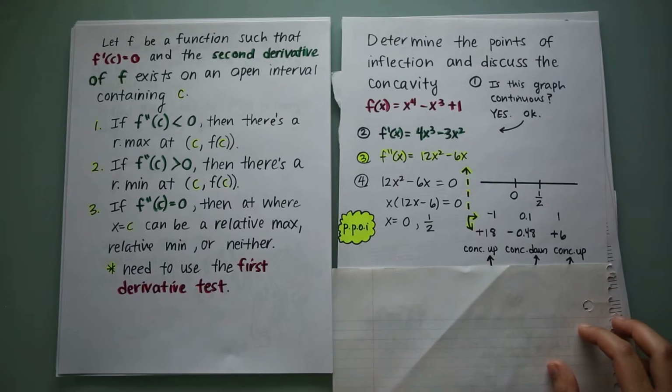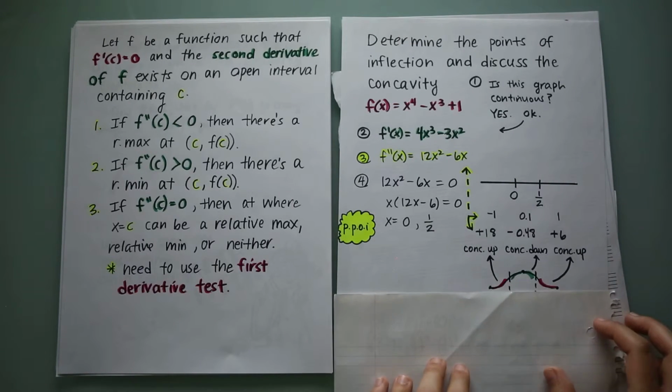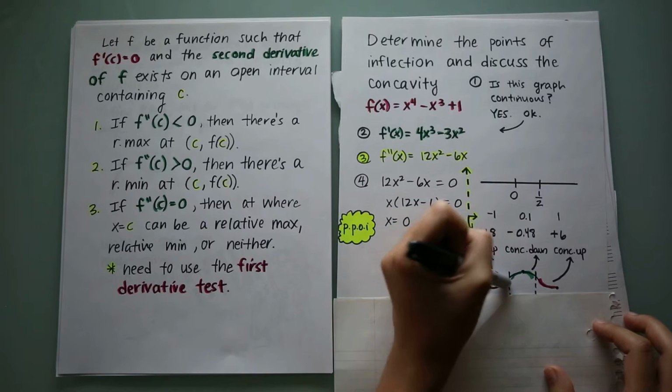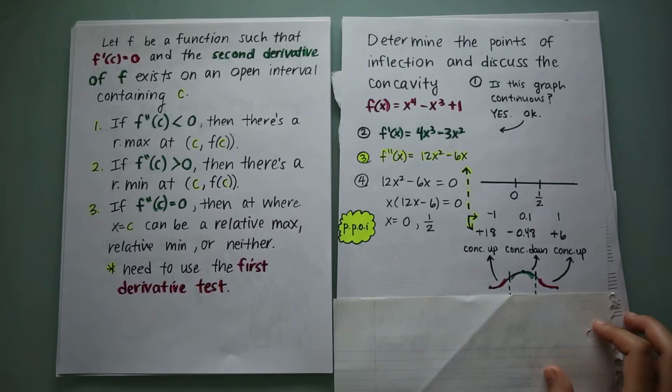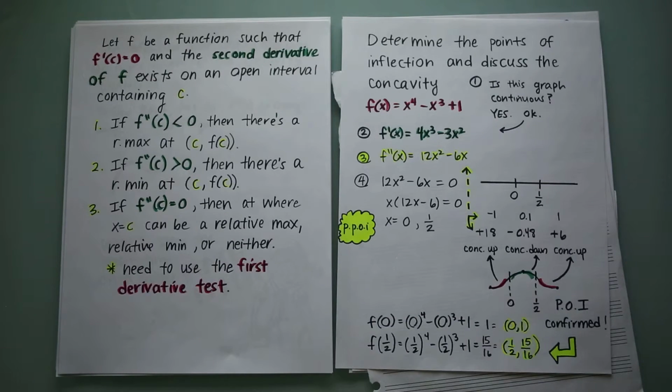If I were to draw a graph simply visualizing the order of concavity above, it might look something like this. Again, it could look different, so long as the graph goes concave up, down, and up again. Because the concavity changes at these x values, we can say that our possible points of inflection are indeed inflection points.